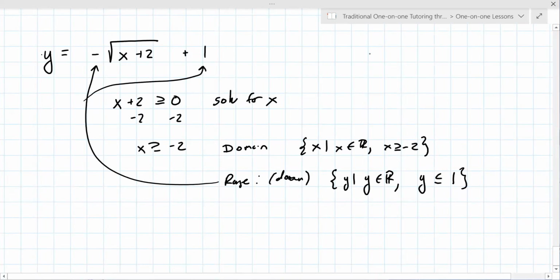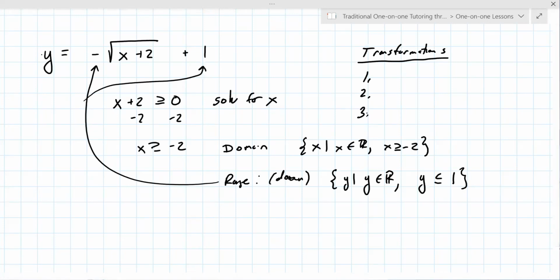And then there are 3 transformations. I guess we should get those now for this one. There are 3 transformations. Can you give them to me? There's the 1, that's down here at the bottom. That's last.